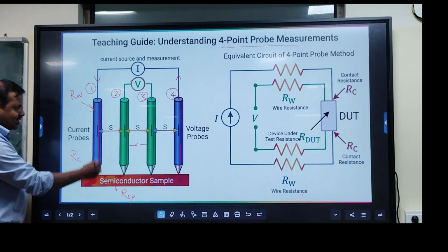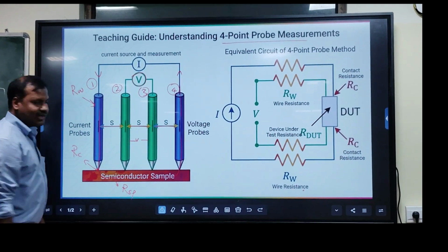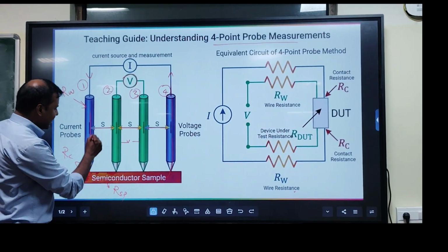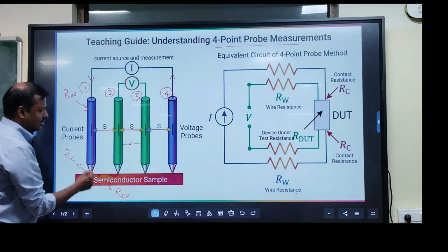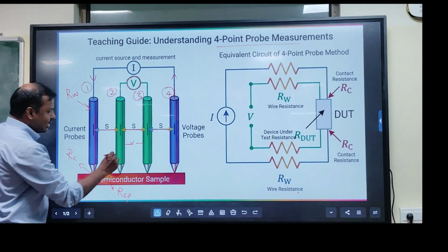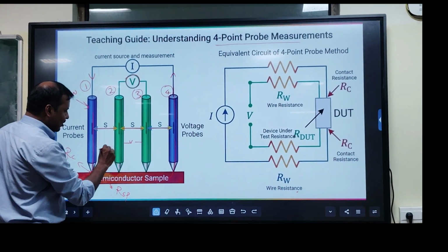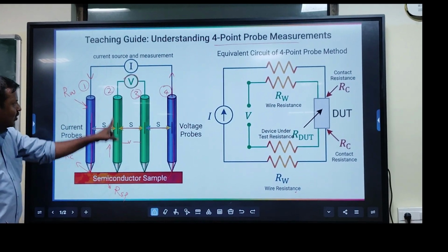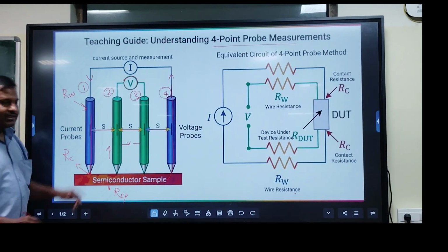Because of this kind of arrangement, when the current passes through probe 1 and probe 4, there won't be any current flowing, or only a very minimal amount of current will be flowing, through probes 2 and 3.